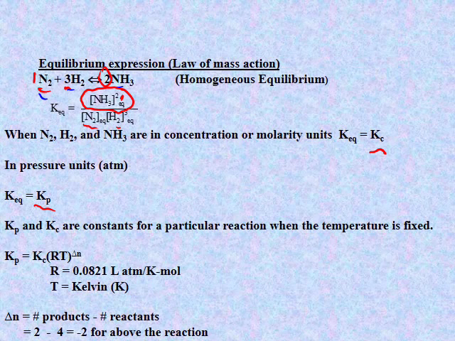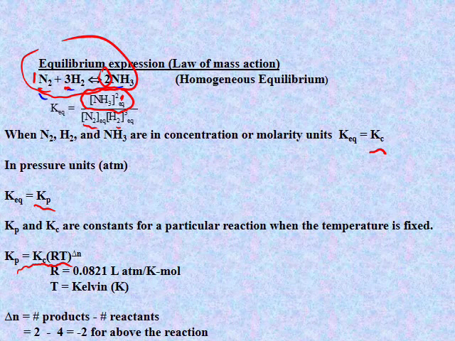The relationship between Kp and Kc is the following. Kp equals Kc times (RT) raised to the power delta n. Now delta n is actually moles of products minus moles of reactants. For the above reaction, we have 2 products, 2NH3, minus 4 reactants, 1 nitrogen and 3 hydrogens.